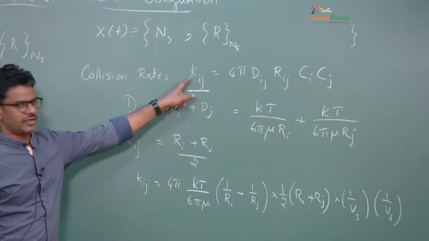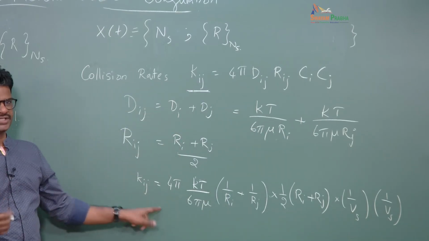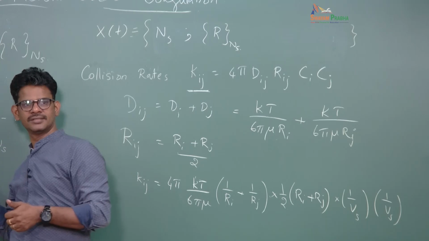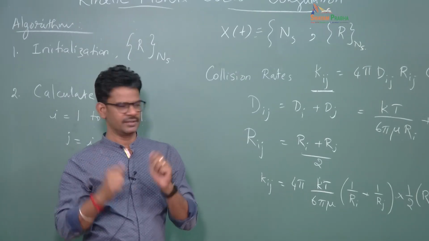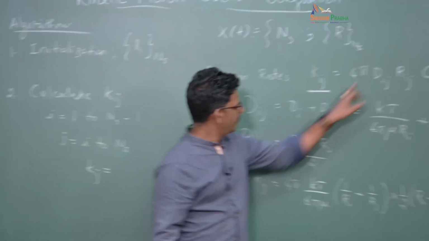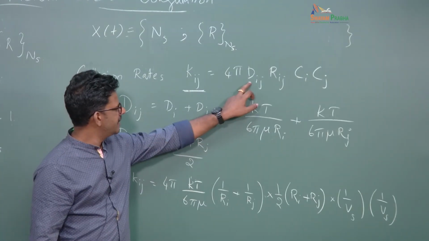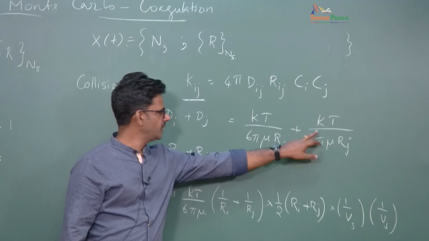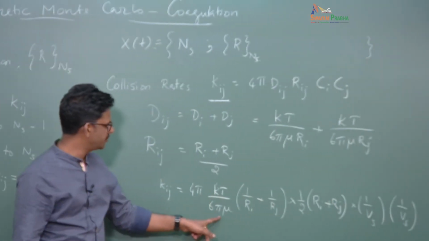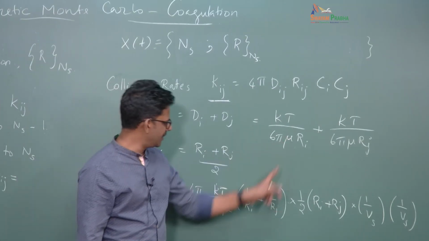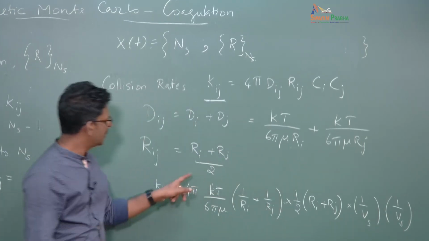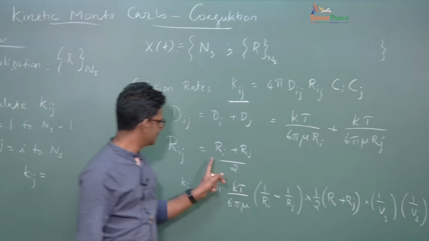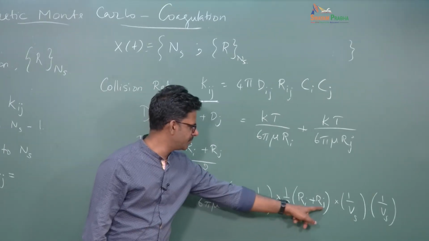I am applying this formula for a chosen i and j. I and j are two discrete particles I am taking, and each particle is an individual particle. So this 4 pi remains as such. For this Dij, I use this formula in which the constant terms are Kt by 6 pi mu. I am taking it out. Then I am left with 1 by Ri plus 1 by Rj times this Rij, the average, 1 by 2 of Ri plus Rj.